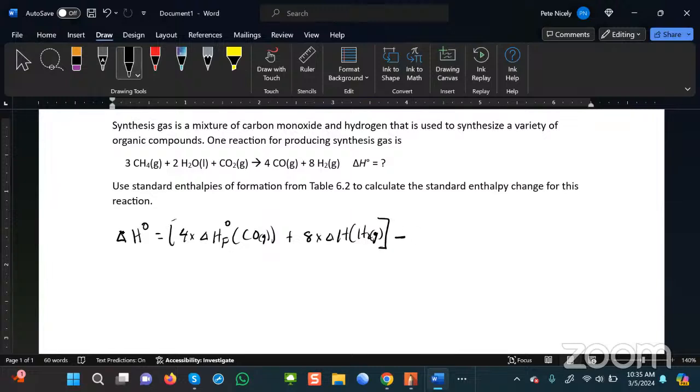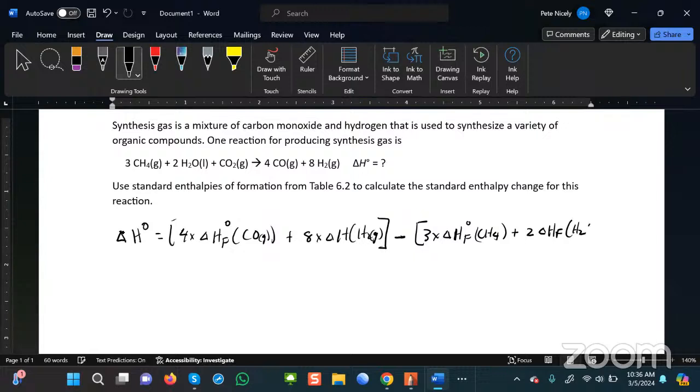And then from that, I'm going to subtract the sum of the enthalpy of formation of the other substances, the reactants, starting with methane, 3 times the enthalpy of formation of methane, CH4, plus 2 times the enthalpy of formation of H2O liquid.